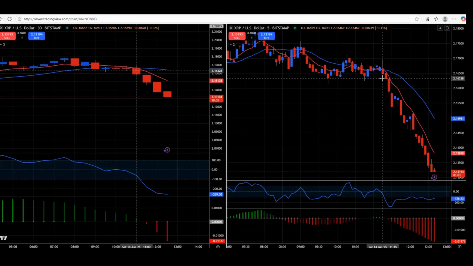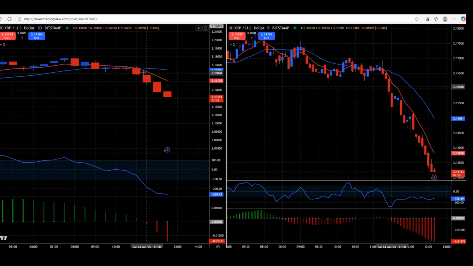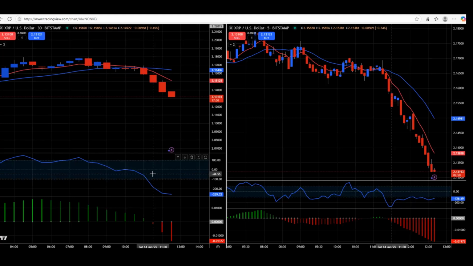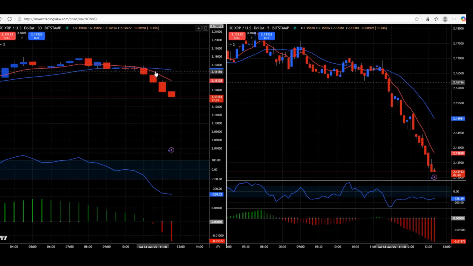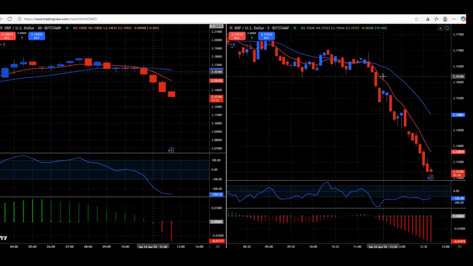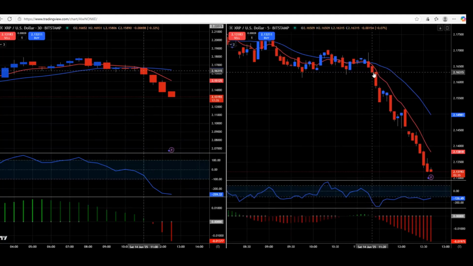We are in a bearish position because both candlesticks on the right hand side and the left hand side are below their respective negative 100 line in the CCI, and they're below the 8-period EMA, the red line, and they're below the 20-period moving averages. So on both sides, we have established that the position is negative.